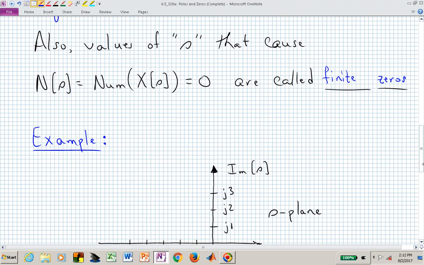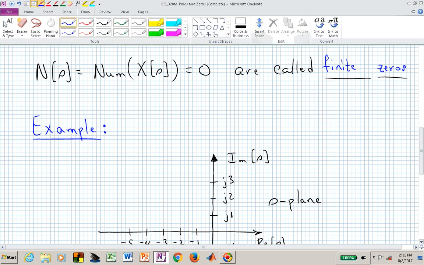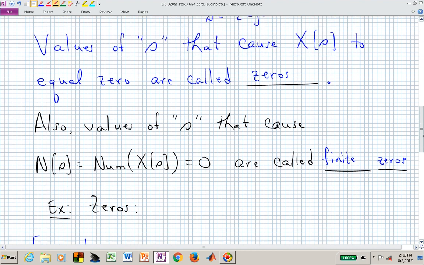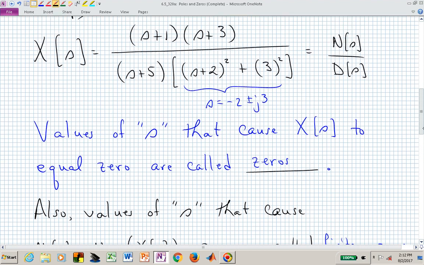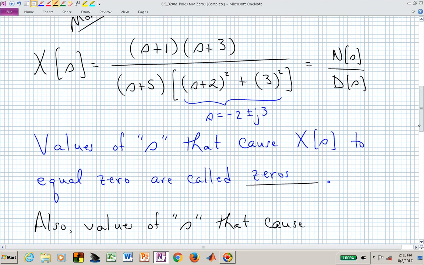In this particular case, if we look at this system that we have, our zeros are now located where the finite zeros are. Like I said, I will probably many times just refer to those as zeros, the values of s that cause N of s to vanish.